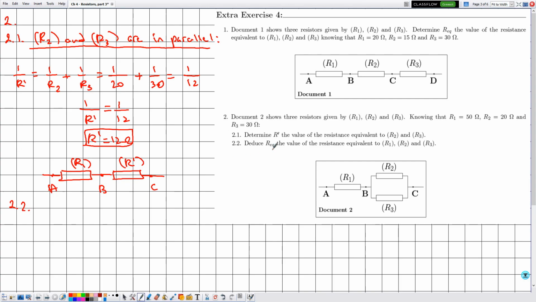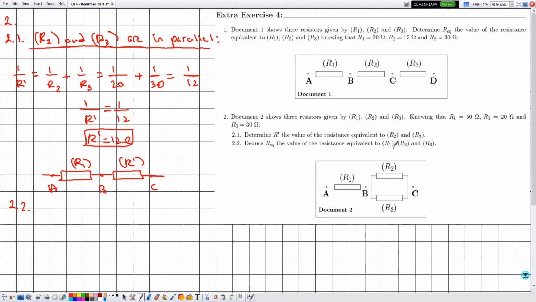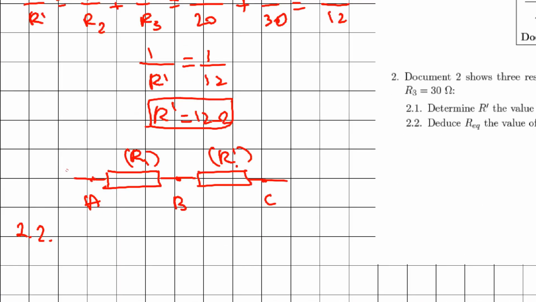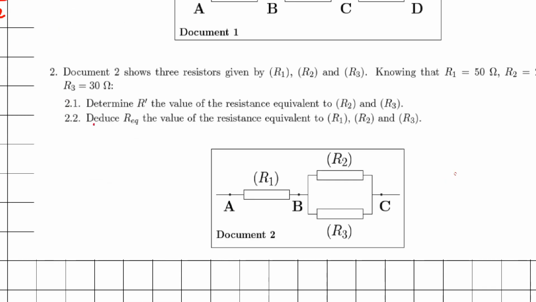Now it's left to determine R equivalent. So in this case, let's consider this circuit in order to determine the R equivalent. Instead of determining R equivalent between R1, R2 and R3, we will determine R equivalent for R1 and R prime, because we have already determined for R2 and R3, and this justifies why part 2.2 starts with deduce.